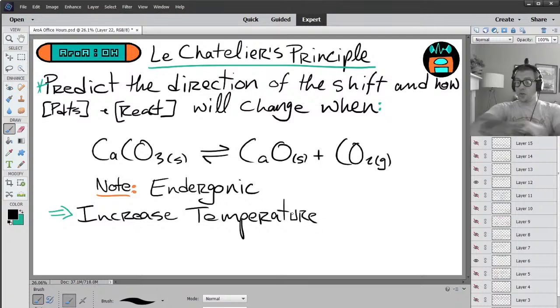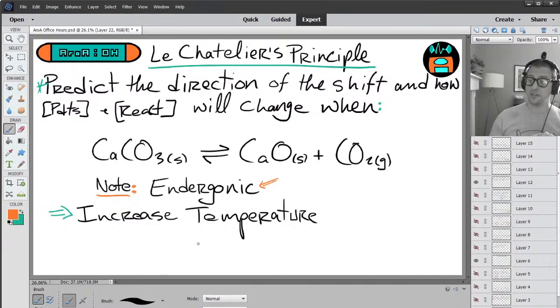Now, whenever you're doing a Le Chatelier's principle problem and you're asked to predict the direction of a shift when temperature is increased or decreased, you have to properly understand what it means if a reaction is endergonic or exergonic.